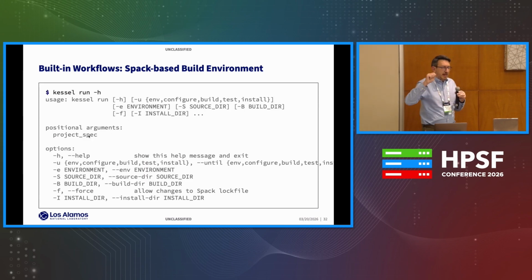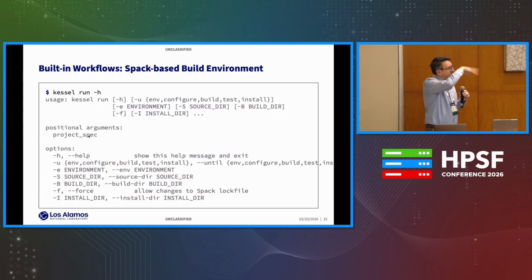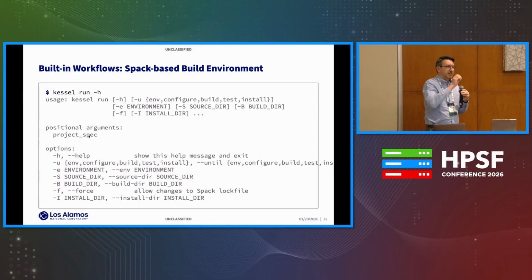Now, this little piece of Python code already gives you this Kessel run command line. This is all auto-generated from that Python file and the workflows. But typically you want to customize at least some part of it. You might want to change how the environment is set up or make some CMake-specific changes.